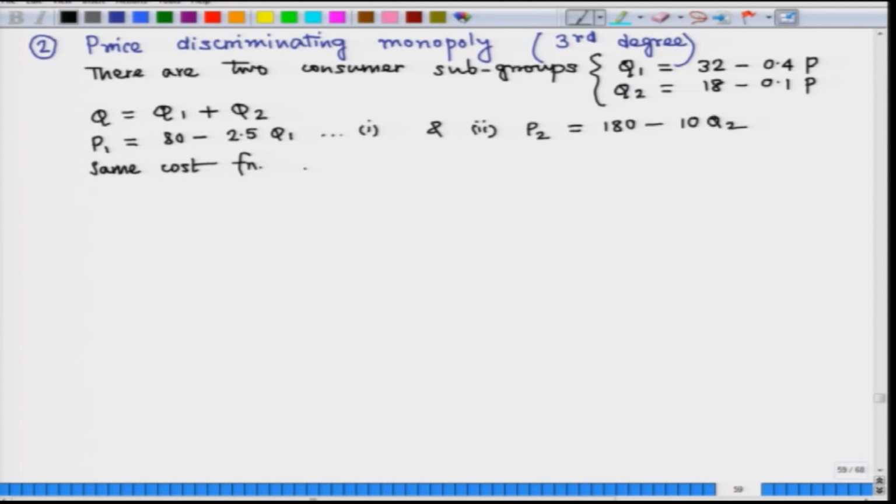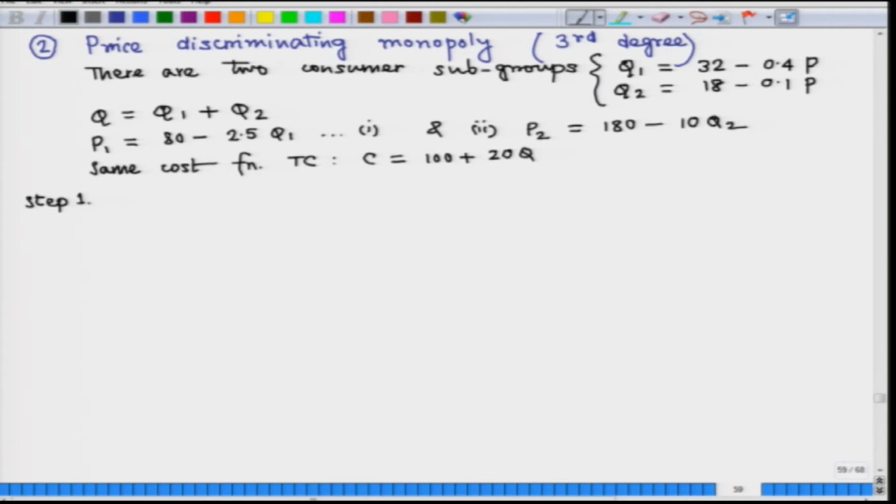So, the same cost function means that we have TC is 100 plus 20 q, right. Okay. So, now let us proceed step by step.